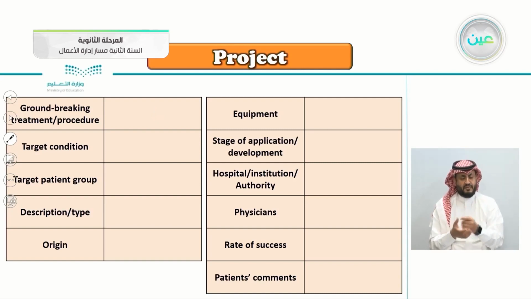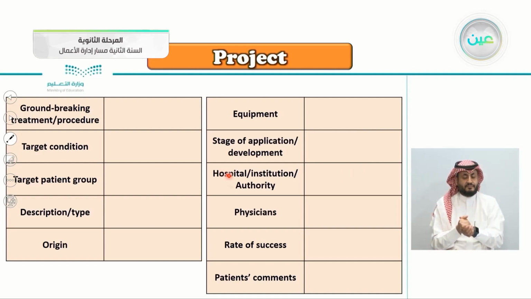Target condition, what is the condition? Maybe it's cancer or Alzheimer's and so on. The target patient group, description or the type. The origin, of course, the origin of this treatment. What is the equipment needed for this treatment? Stage of application or the development here. Hospital, institution, or authority. Who is responsible for this treatment?